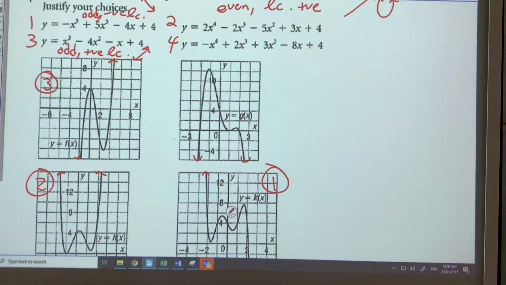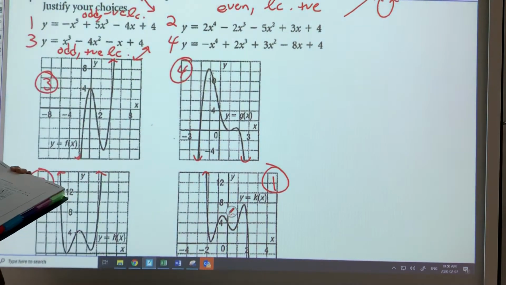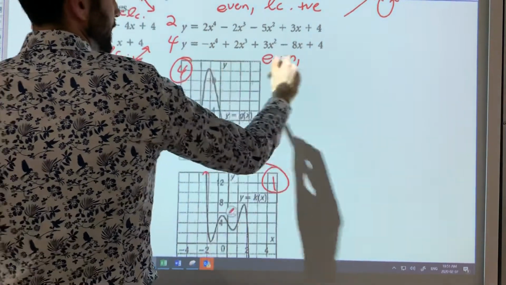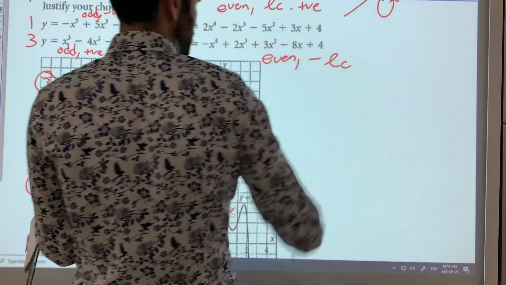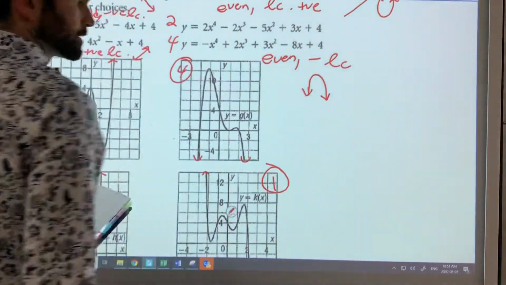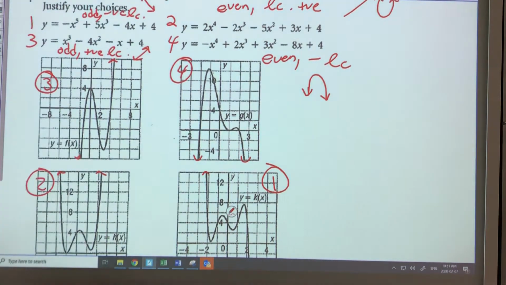Then by process of elimination, this would be 4, but let's just double check. Even degree, and it's got a negative leading coefficient, so that would be like a negative parabola, like y equals negative x squared. As you can see, it's got that same end behavior, so that's definitely number 4.